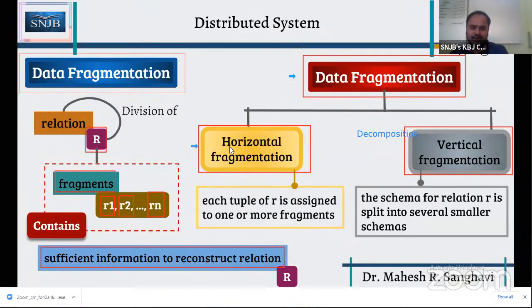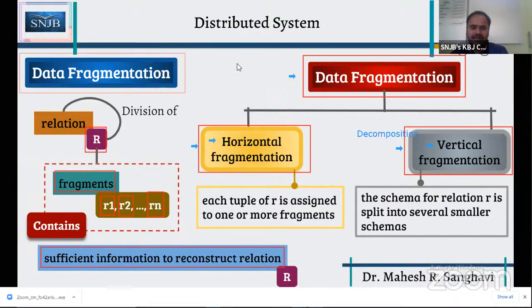In data fragmentation there are two parts: one is horizontal fragmentation, another one is vertical fragmentation. As the name indicates, horizontal fragmentation means there will be a big database, and you will divide that database in a horizontal manner. Here you will divide the database in a vertical manner.